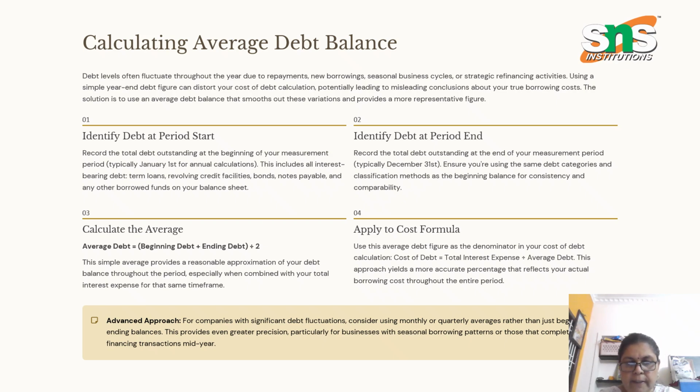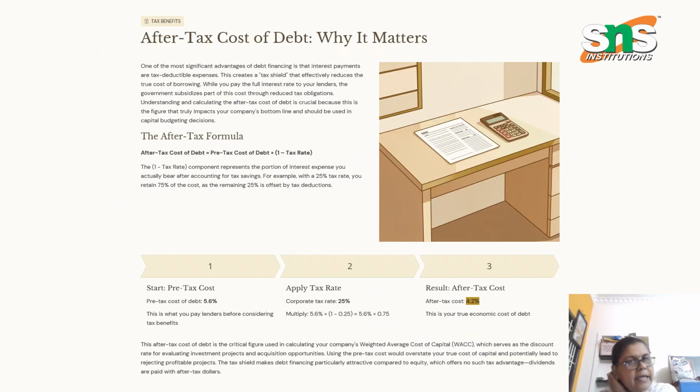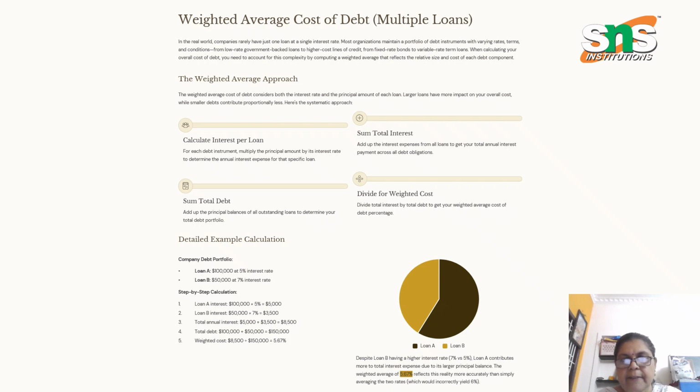As for after-tax cost of debt, it matters because after paying tax, the debt owner should have some amount of money in hand. If not, the organization cannot withstand in the market. If the tax rate is high for any source of fund, it will not be a good practical situation for any organization to handle.